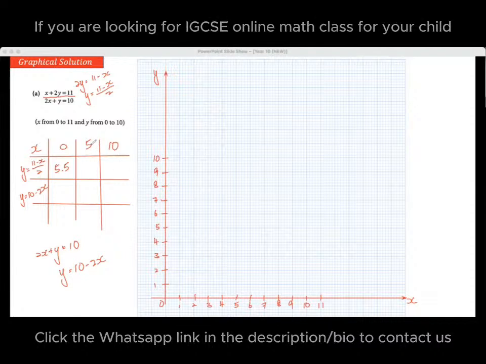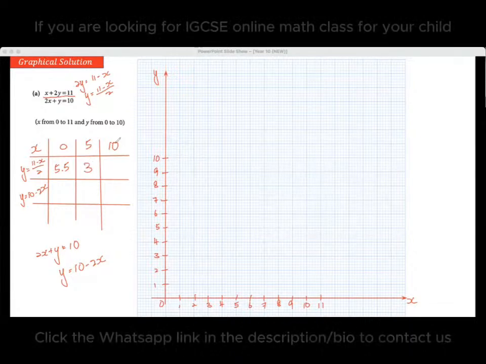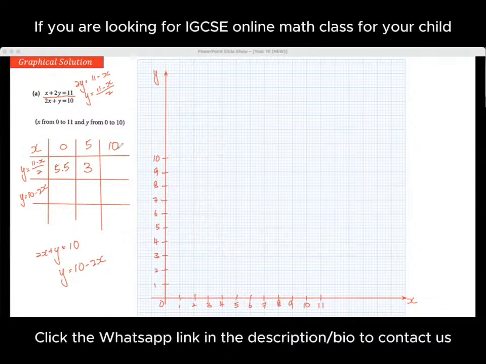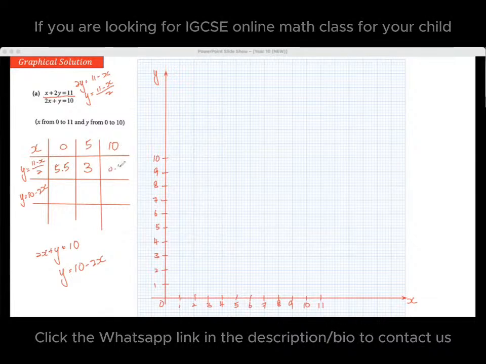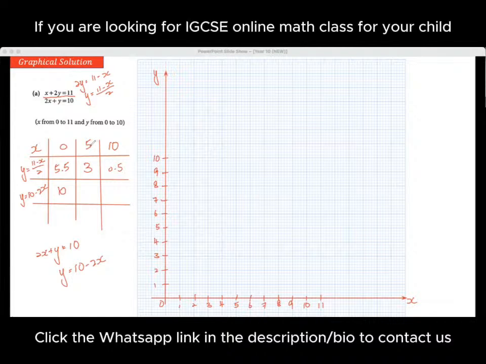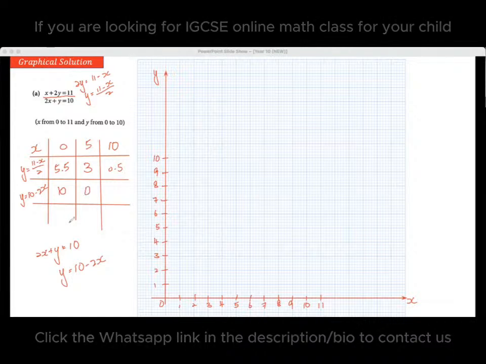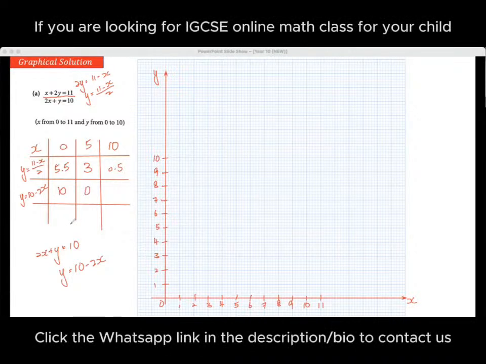Then 11 minus 5 divided by 2 is 6 over 2, which is 3. Then 11 minus 10 over 2, it will be 0.5. Then for the second equation, when x equals 0, y equals 10. When x equals 5, y equals 0. When x equals 10, y equals negative 20.